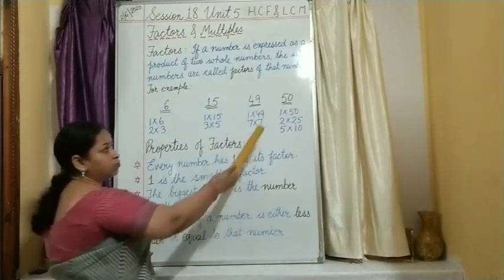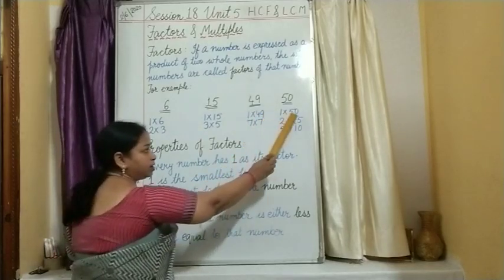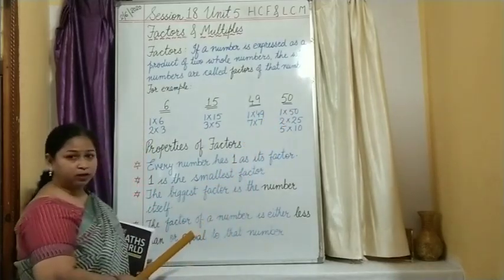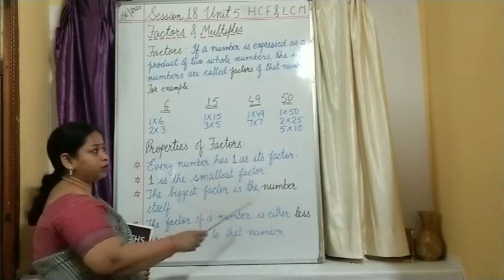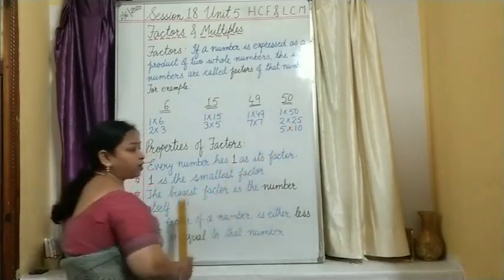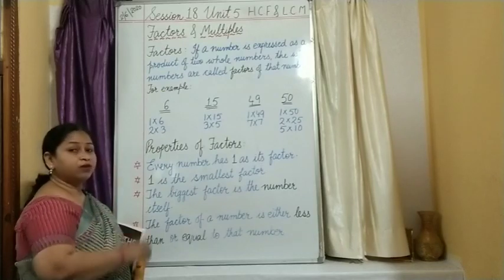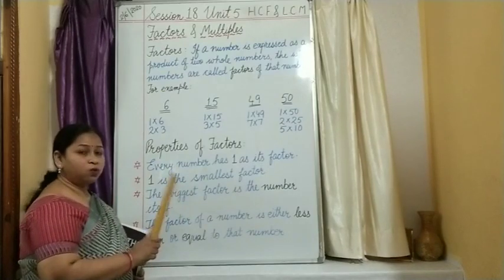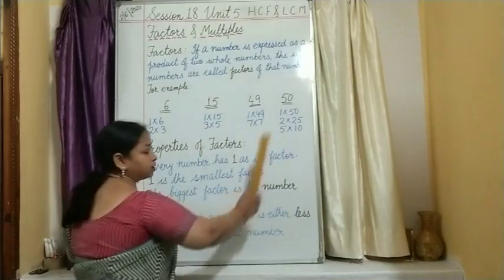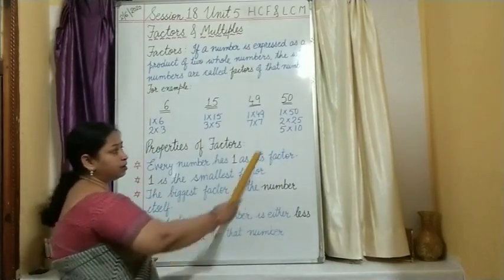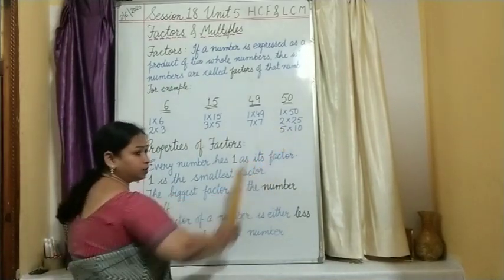Now 50. 1 multiplied by 50, so 1 and 50 become the factors of 50. 2 multiplied by 25, what will you get, children? You will get 50. So 2 and 25 are the factors of 50. 5 tens are 50, so you will get the factors as 5 and 10.